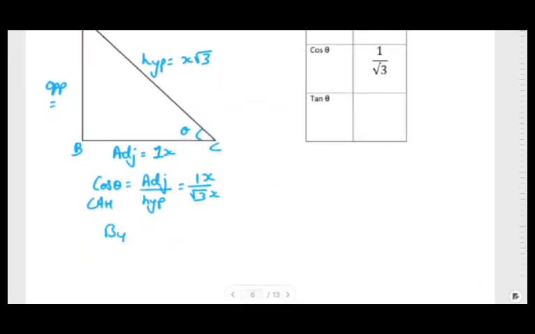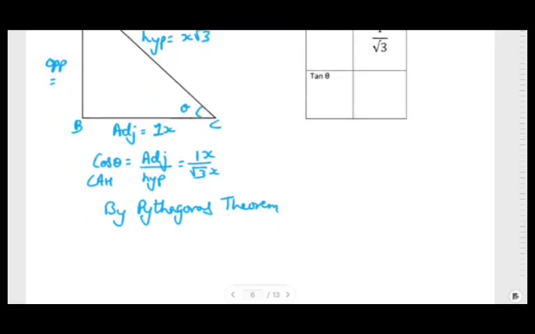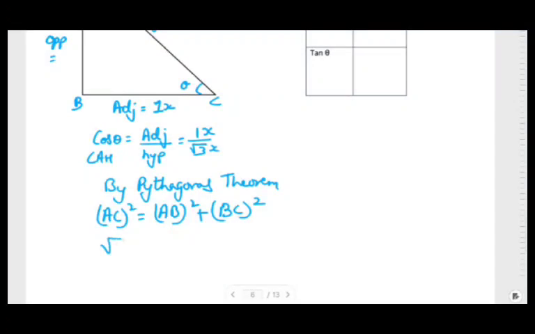By Pythagoras theorem, what's my hypotenuse? AC the whole square is equal to AB the whole square plus BC the whole square. AC value is root 3 the whole square.